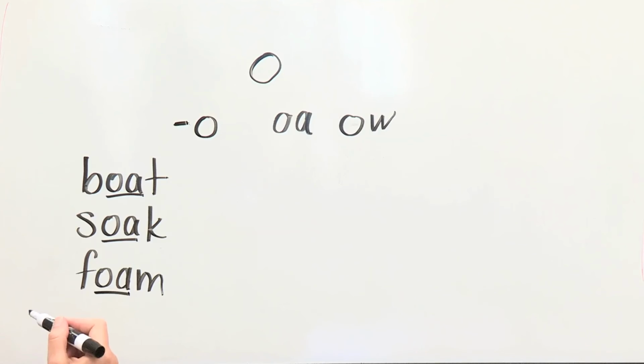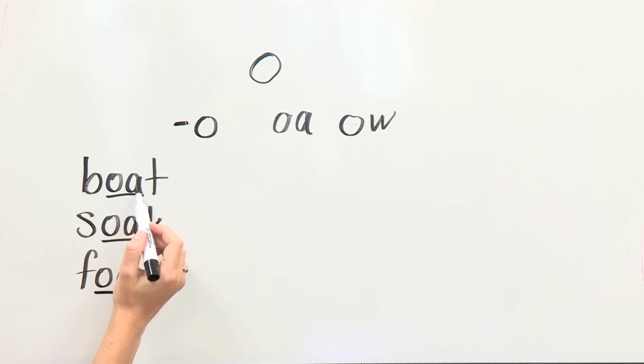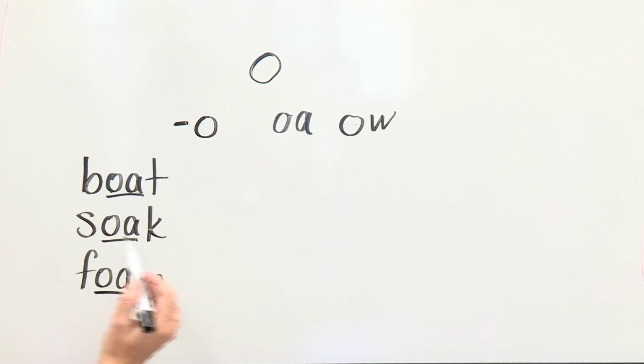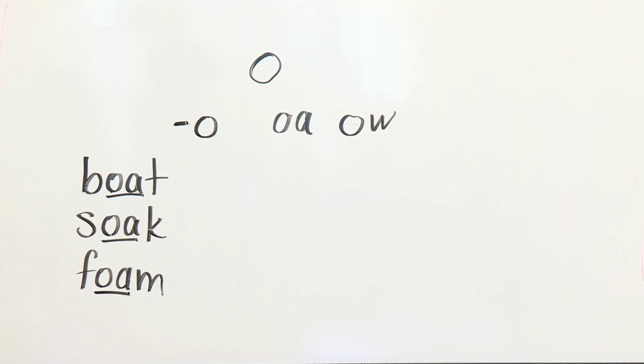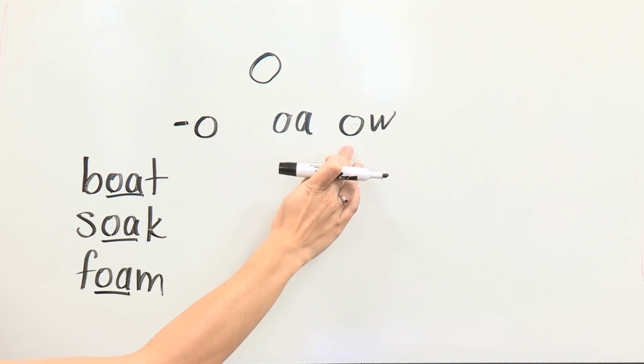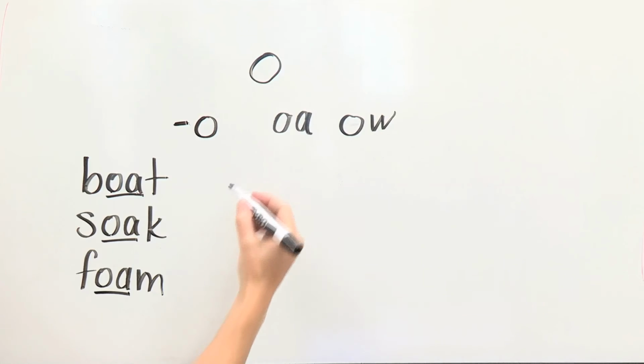So we can go back to that funny saying, when two vowels go walking, the first one does the talking. So we say the long O here, not the long A. So soak, foam, boat. Okay, OW. Now we have to be careful because OW is also what we call a diphthong. That's going to be another lesson. For today, we're going to focus on how OW just makes the long O sound.